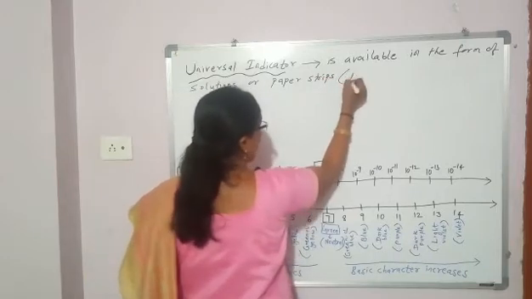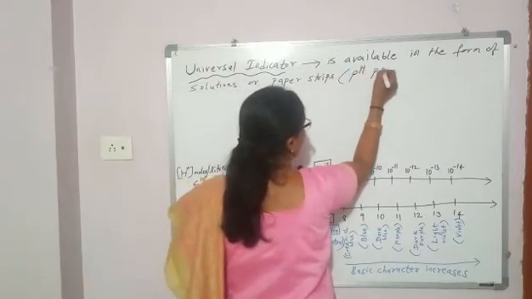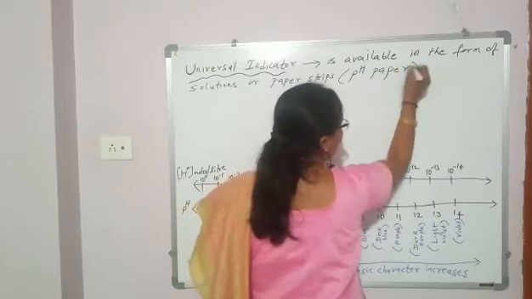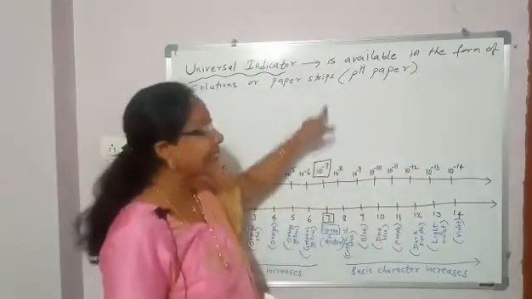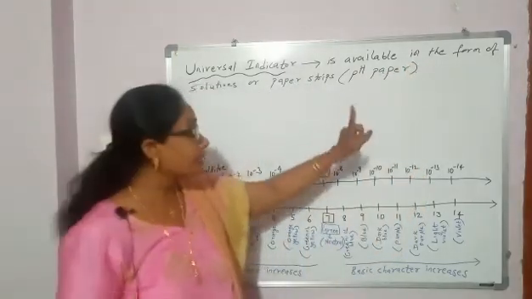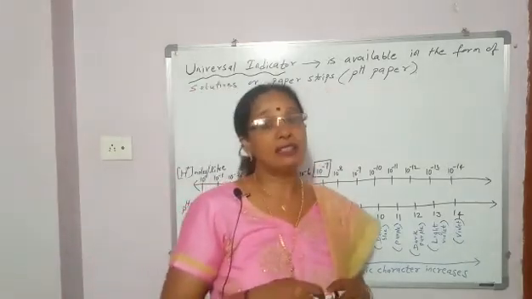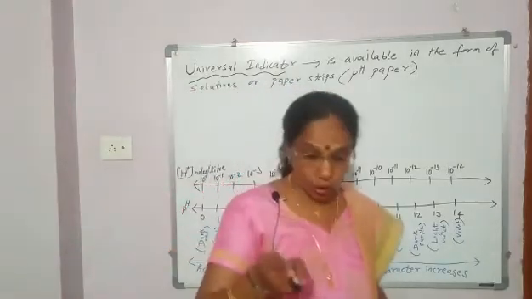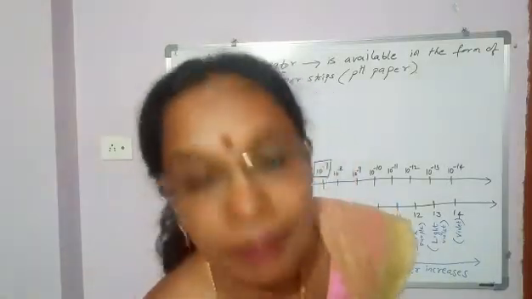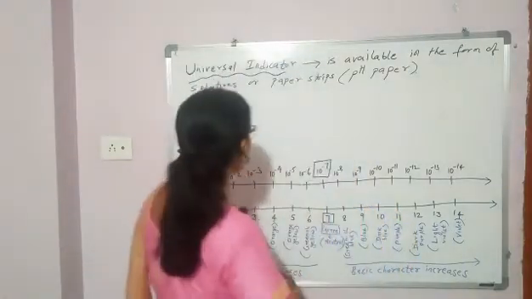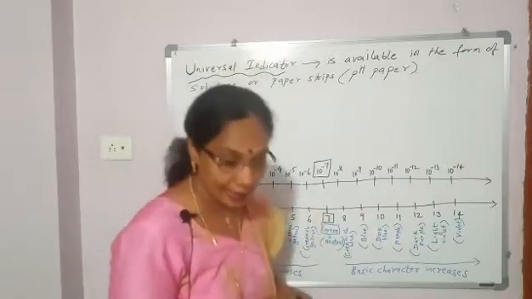This paper strip is called pH paper. In the lab, this universal indicator is available in the form of solutions or in the form of pH paper strip, which is also called pH paper.